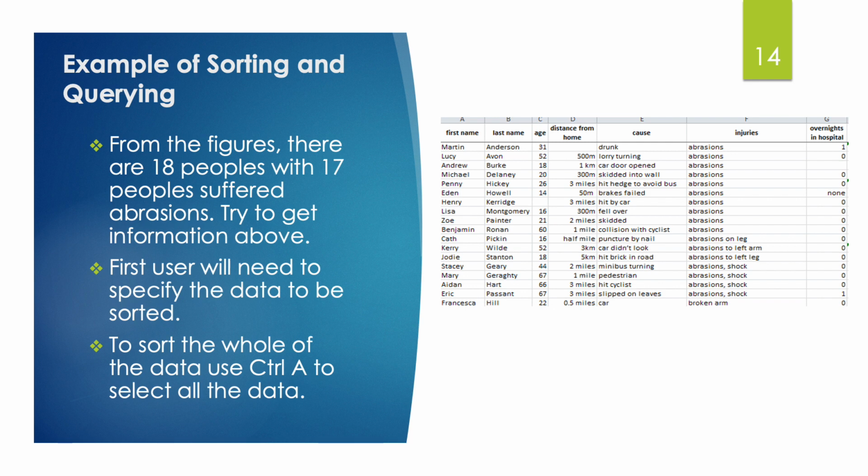Here I'm just showing some examples of sorting and querying. From the figure, there are 18 people, with 17 people suffering from abrasion. First, the user will need to specify the data to be sorted. To sort the whole data, you can use Ctrl+A to select all the data.